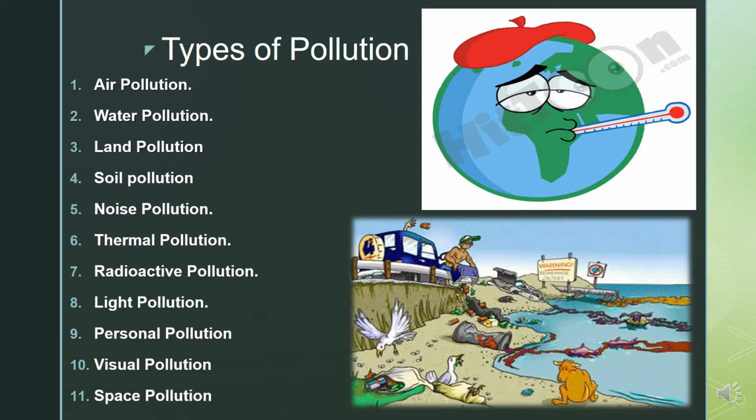It is the excess or improper use of artificial lights or overuse of lights which causes environmental pollution. Next is visual pollution. Unwanted sights that mentally or physically affect the community or create any health hazards are known as visual pollution.